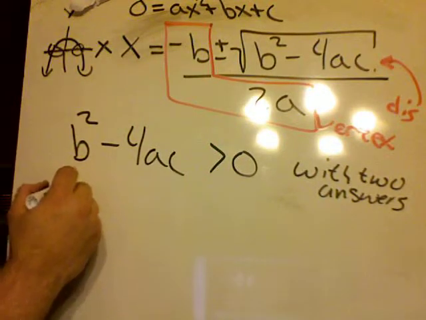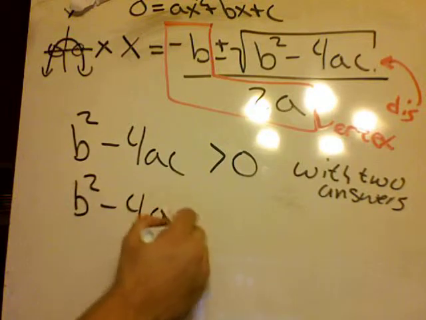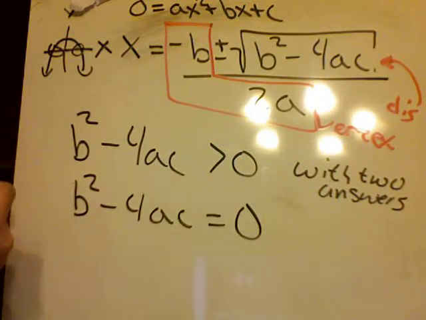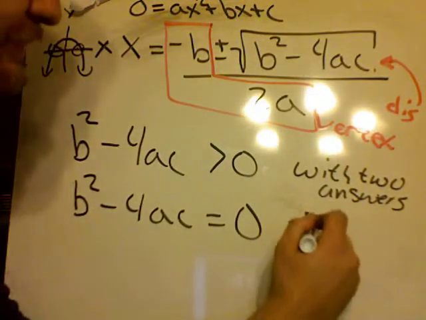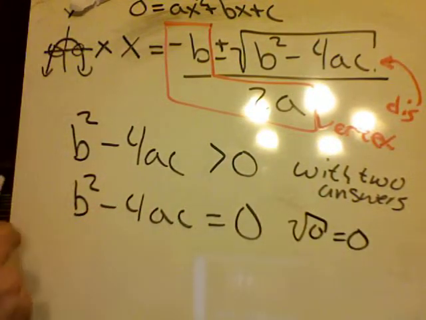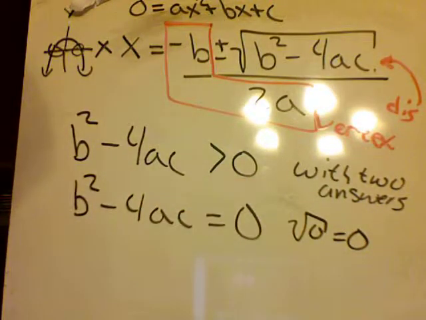Now if our discriminant is equal to 0, well, what's the square root of 0? The square root of 0 is equal to 0, right? So this plus or minus becomes irrelevant. It doesn't matter anymore.